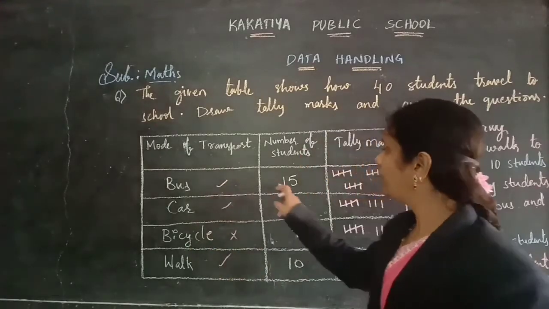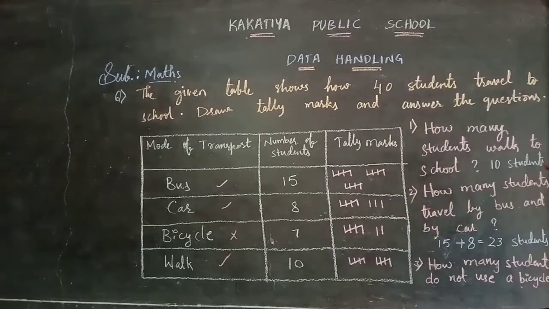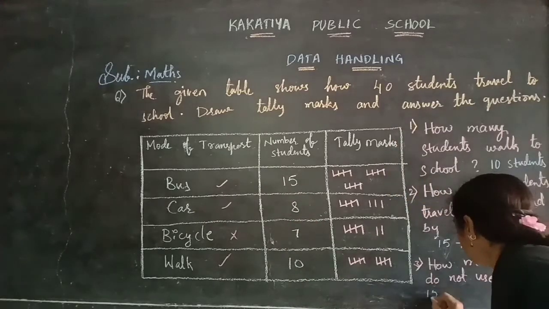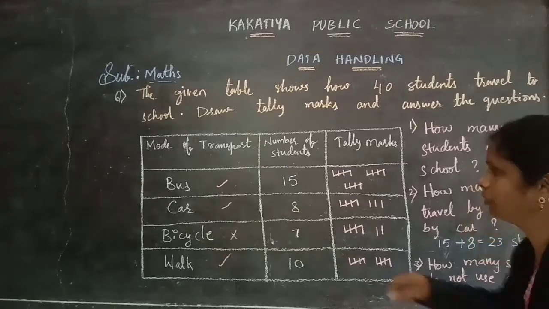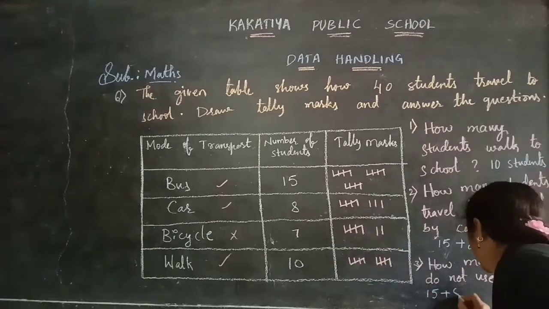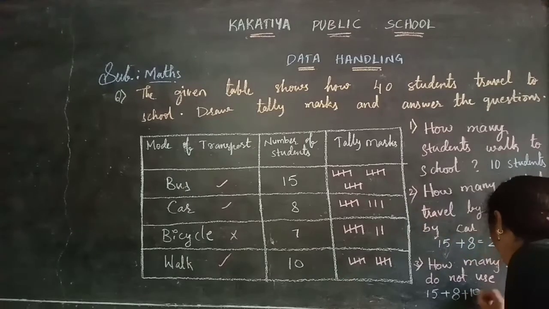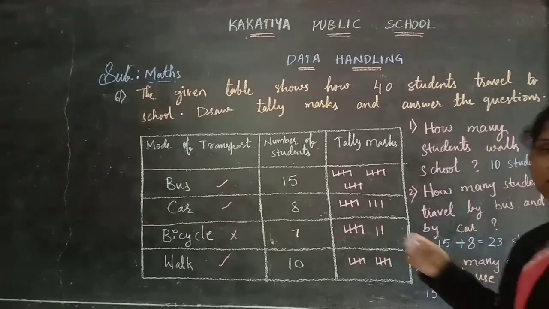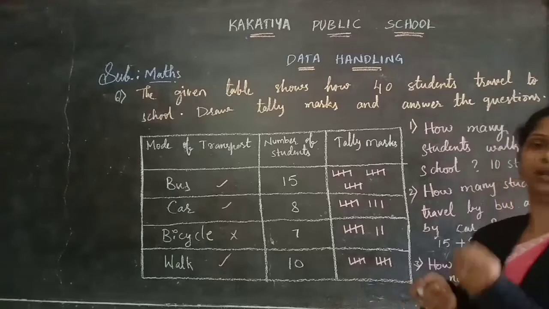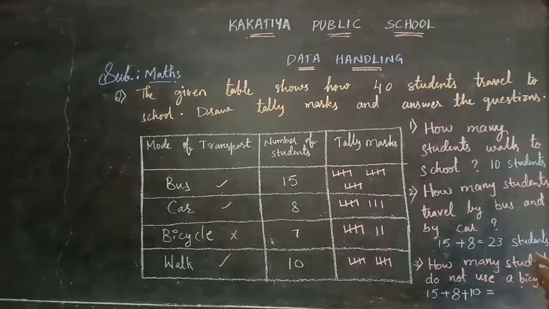Let's take here bus students: 15 students. You need to add the 3, okay? And car students are 8 students, and walk also you need to take, 10. Other than the bicycle means the remaining 3 transports you need to take.